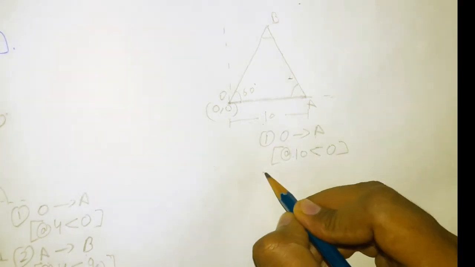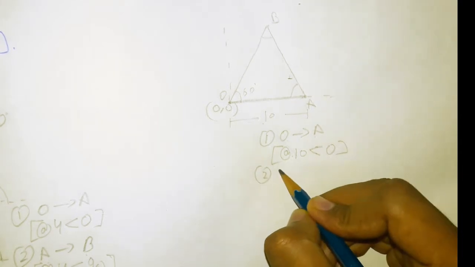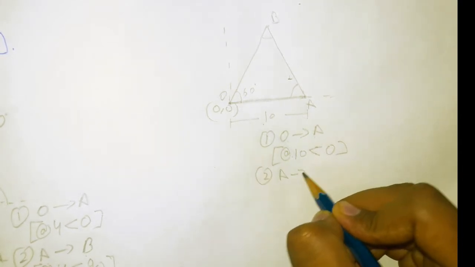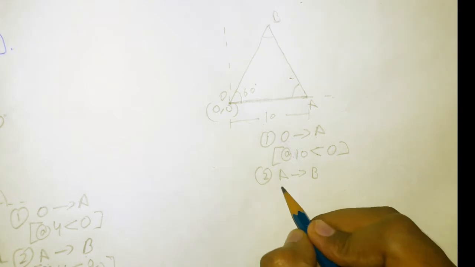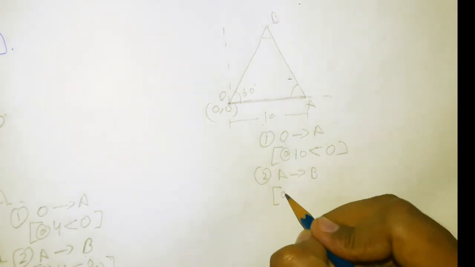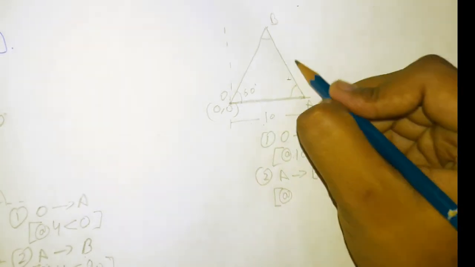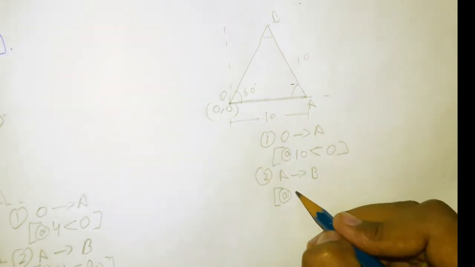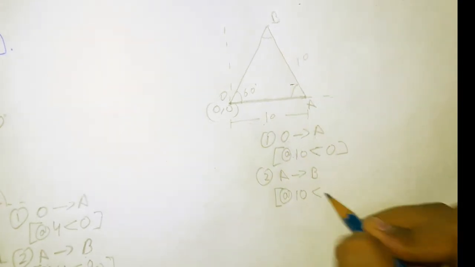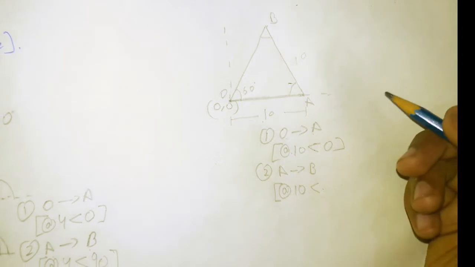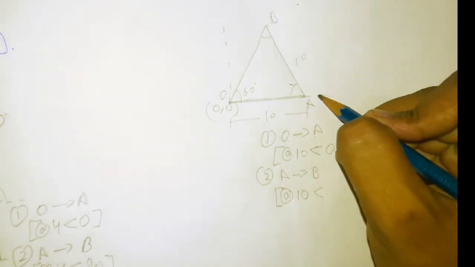Another point, second, A to B. Similar formula, at the rate distance is our 10 for the whole equilateral triangle, and angle is, as I told you, move always anti-clockwise in direction.